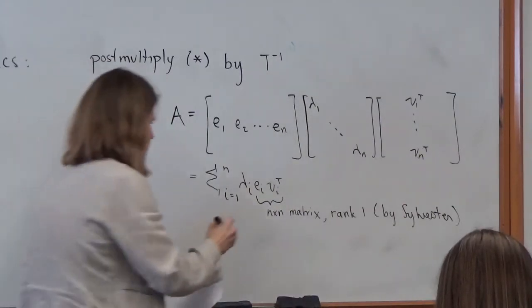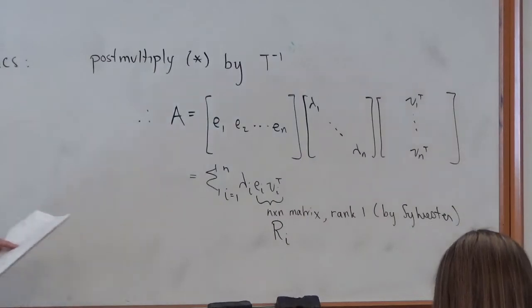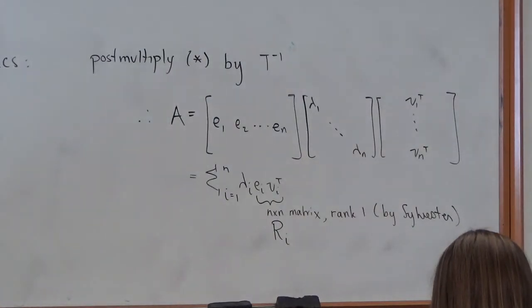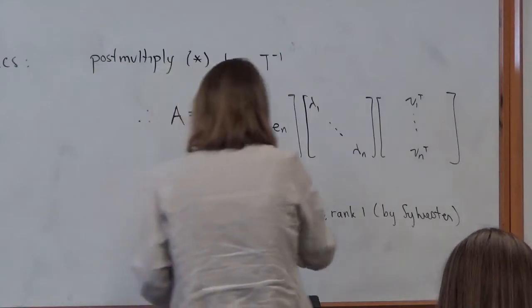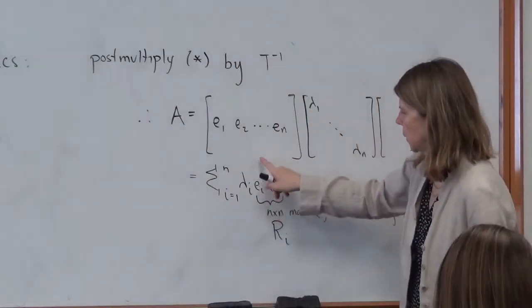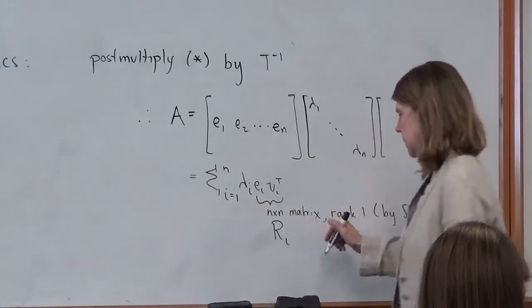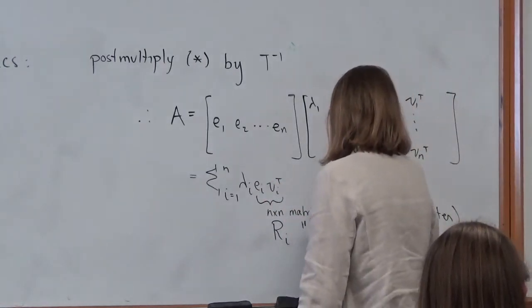And we give it a name, we'll call it Ri. This matrix is sort of a special thing. When you take that sort of form, where you take an n by 1 and multiply it by a 1 by n to get an n by n matrix, that's called a dyad.